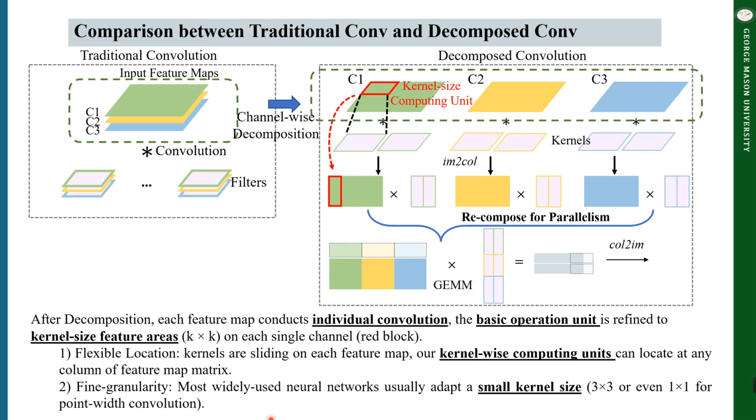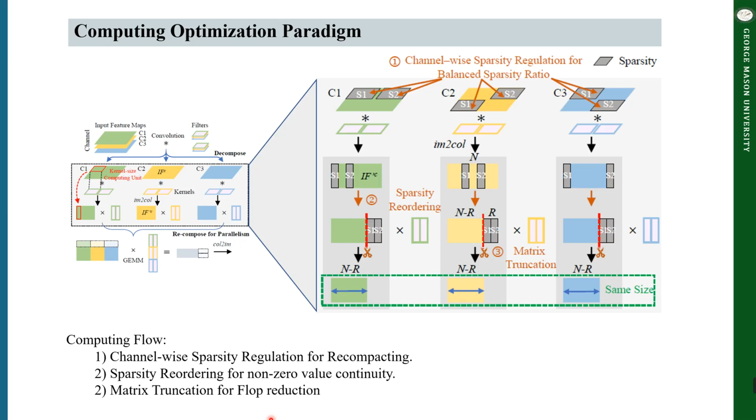The most widely used neural networks usually adopt a small kernel size, so it will have fine-grained sparsity to match the practical sparsity pattern. However, our kernel-wise computing units will be randomly distributed on the feature map with unbalanced sparsity ratio and non-zero columns, and so become non-structural and computing inefficient.